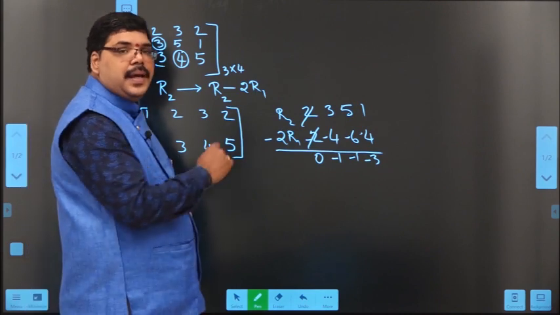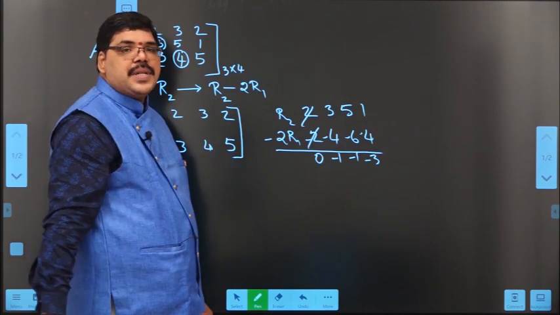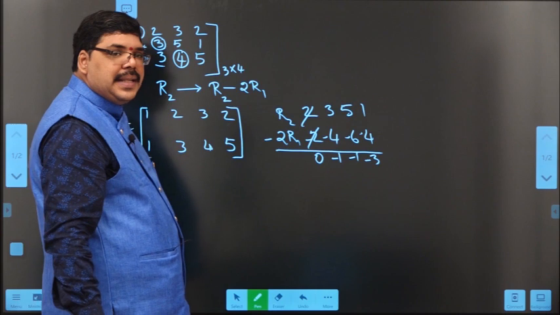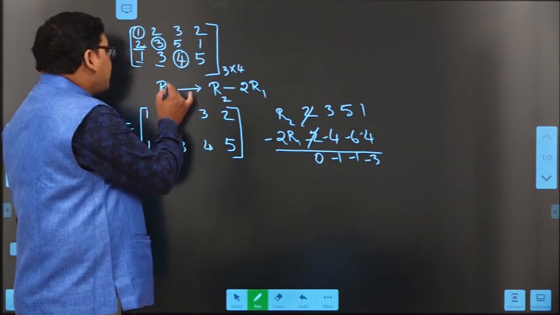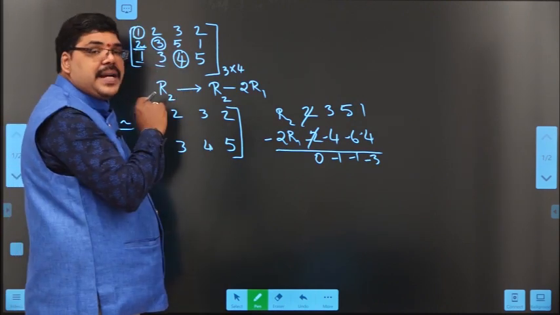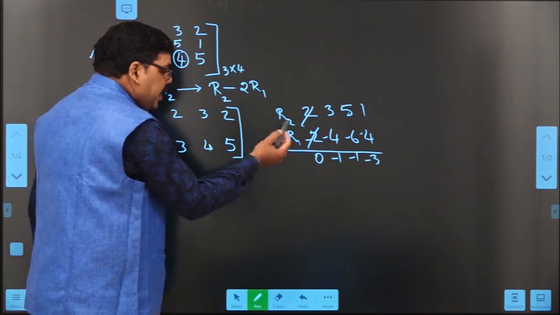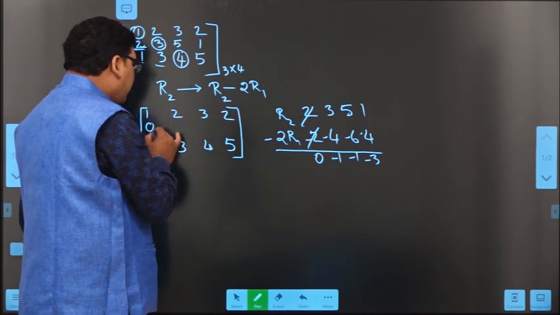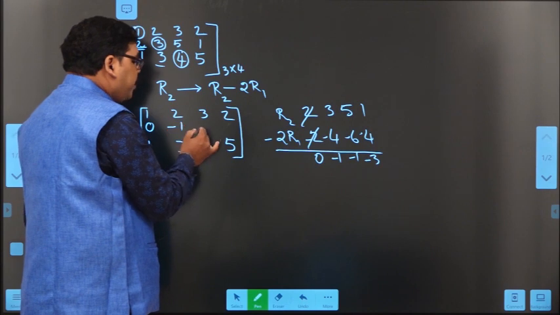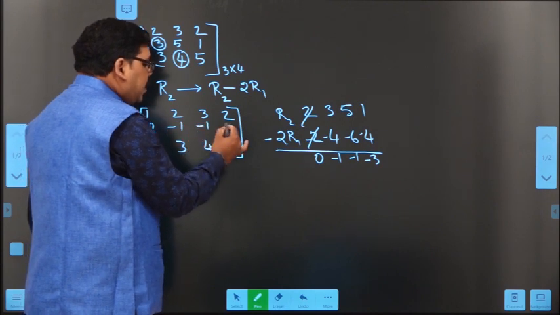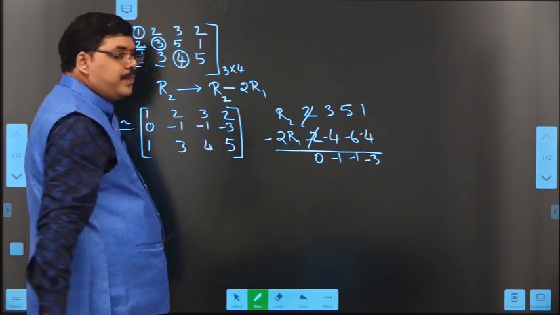So in this way, you can calculate using rough work and write the result here. So in the previous matrix, R2 is changed into this one: 0, minus 1, minus 1, minus 3.